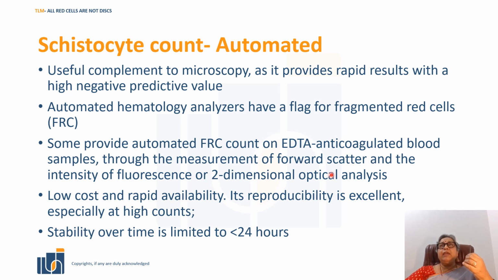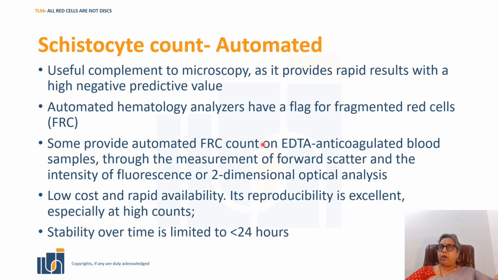So if you have a counter which will give you this at no extra cost for every sample that you process on the cell counter, then it's a fantastic thing. You don't have to worry that you're missing something. So it's low cost, it's rapidly available because when your CBC report comes out, your FRC values are also there.